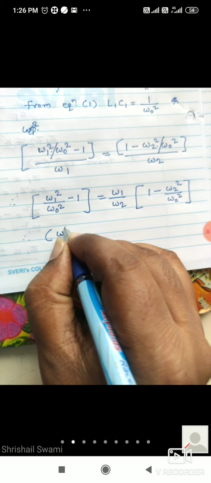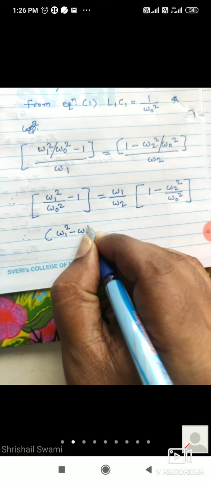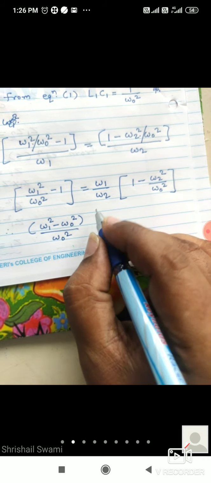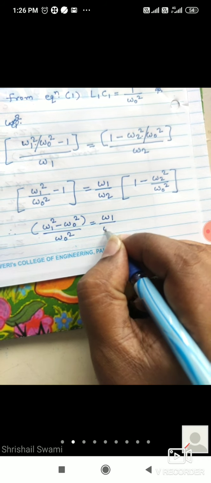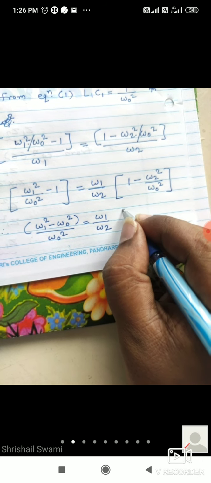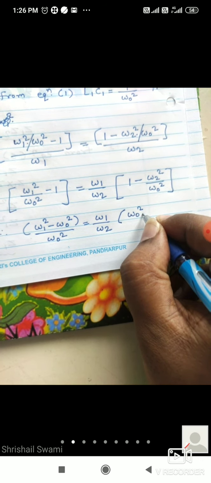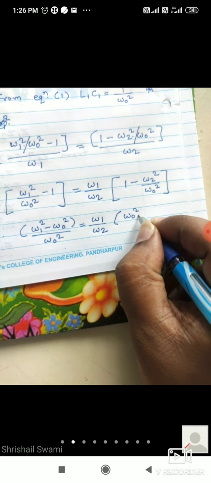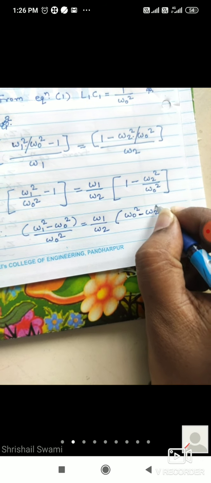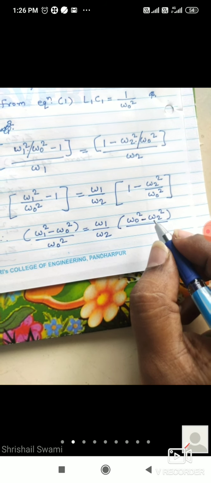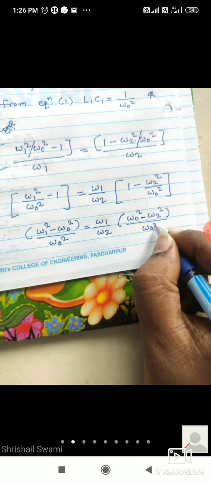So that will be omega 1 square minus omega 0 square divided by omega 0 square is equal to omega 1 divided by omega 2 as it is. So here take the cross multiplication, that is omega 0 square minus omega 2 square divided by omega 0 square.